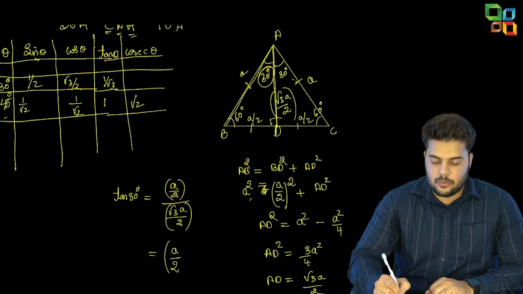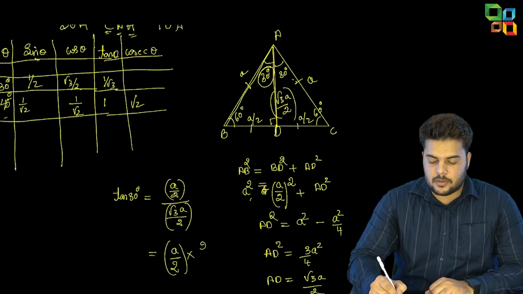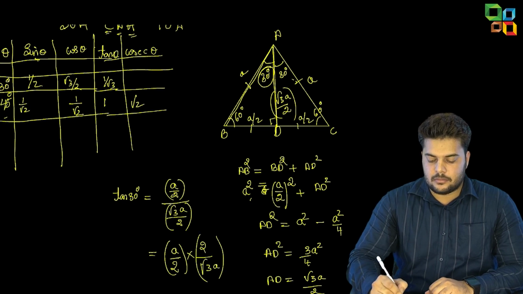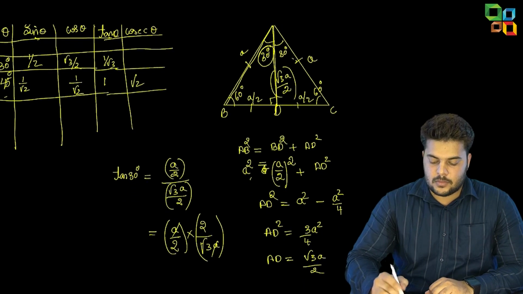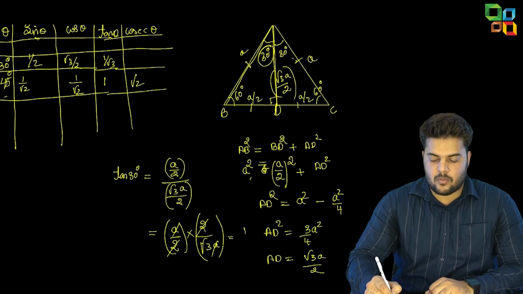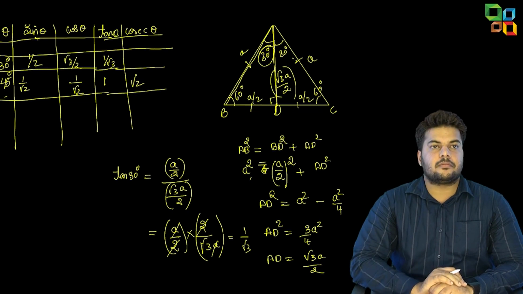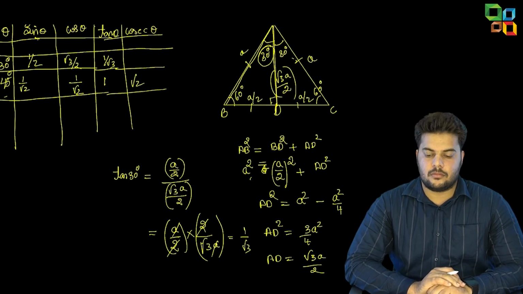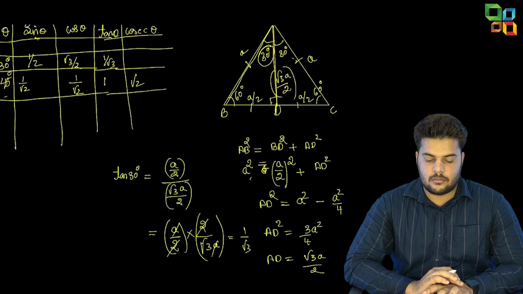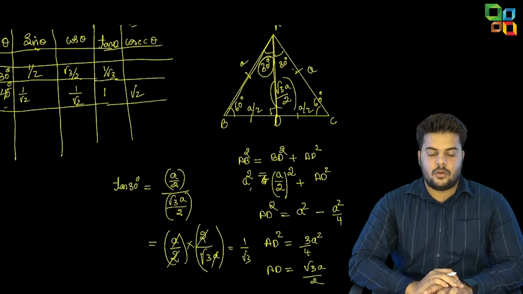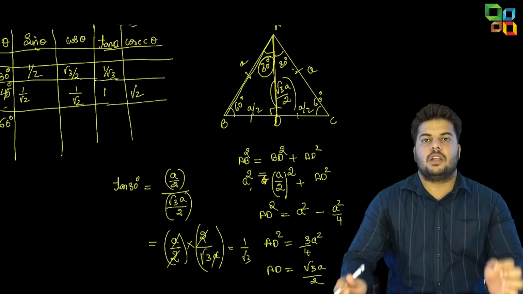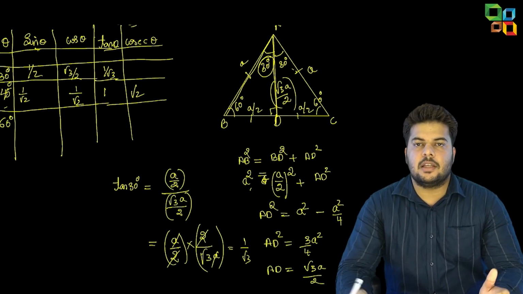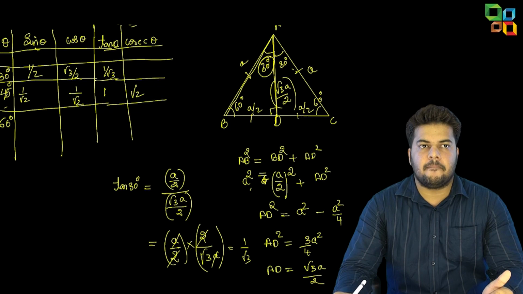So a by 2 into, you take the reciprocal of this, 2 divided by root 3a. So a and a get cancelled there. 2 and 2 get cancelled, and you have 1 over root 3. Okay, now 60 degrees. I'm leaving the other things out because they're simply the reciprocals, isn't it?